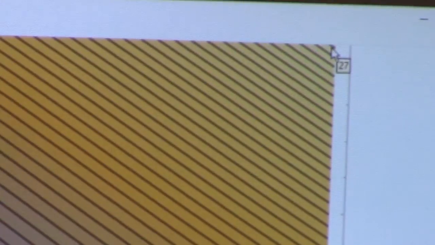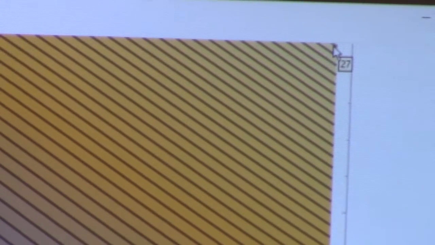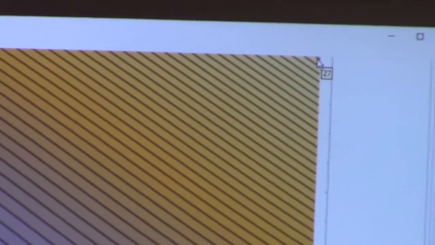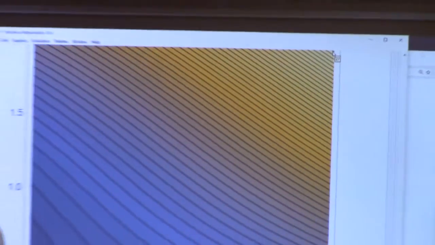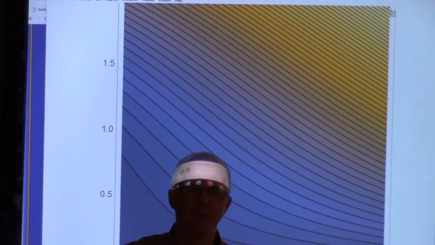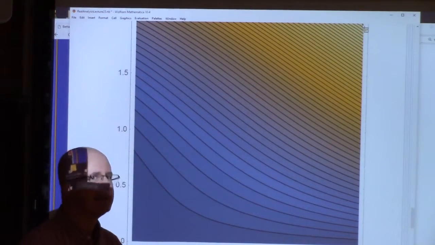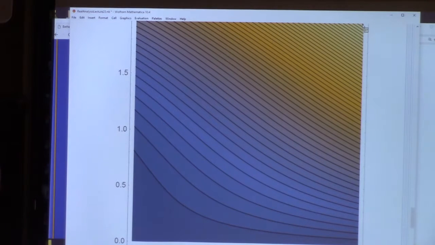So the density of this thin sheet of metal in grams per square centimeter varies from 0 to 27. The average of the extremes, 0 and 27, would be 13.5. Is that the true average density? No, because it's nonlinear. It's increasing very rapidly up here because these level curves are close together.